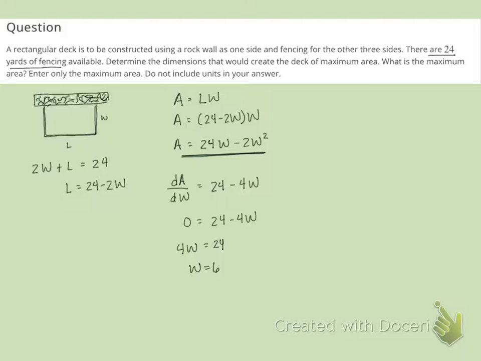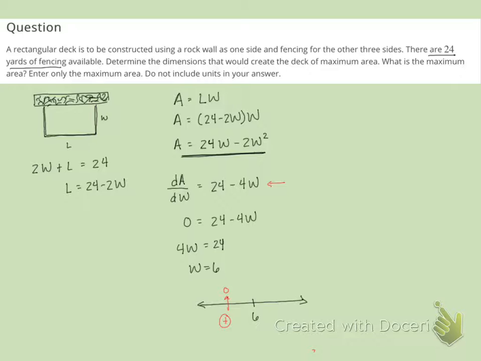And just to make sure that this is a maximum, we can test on either side of 6. So if I pick a value smaller than 6, like 0, and I put it into our derivative function, I will have a positive number, because 24 minus 4 times 0 is going to give me 24.